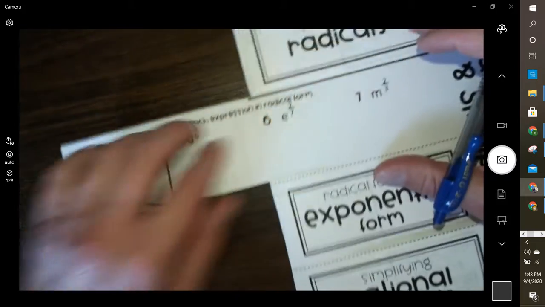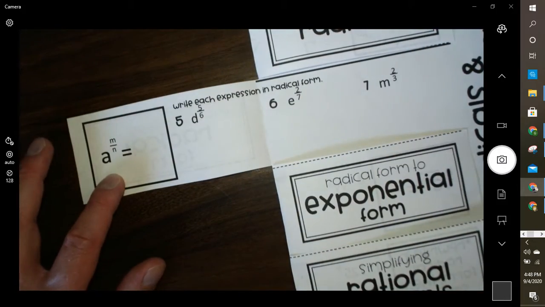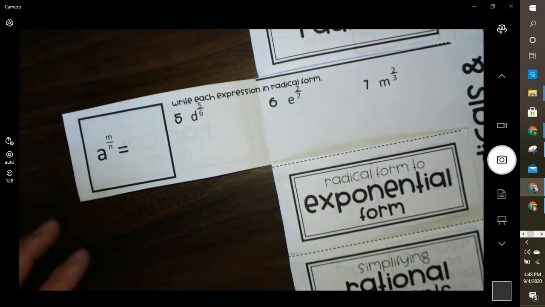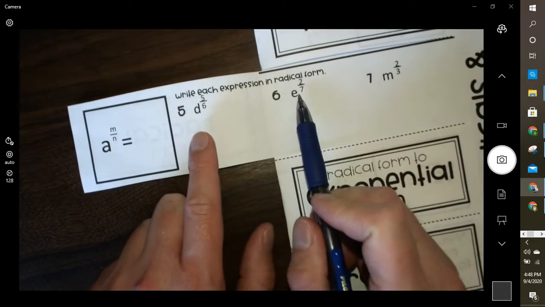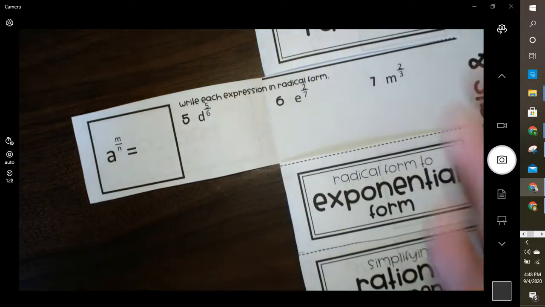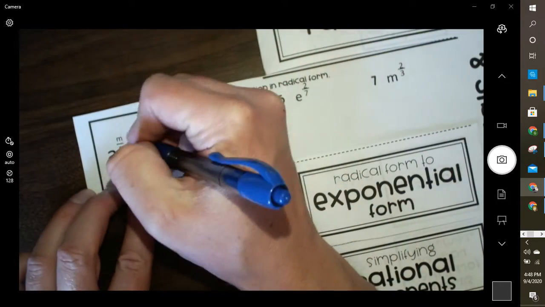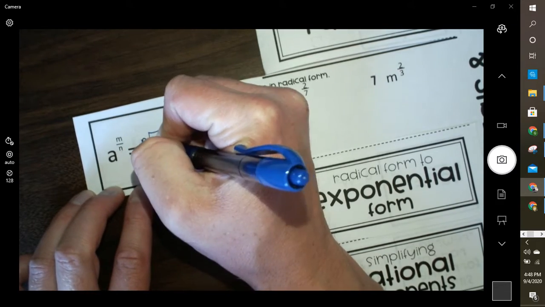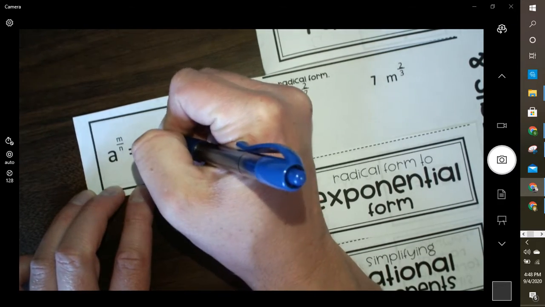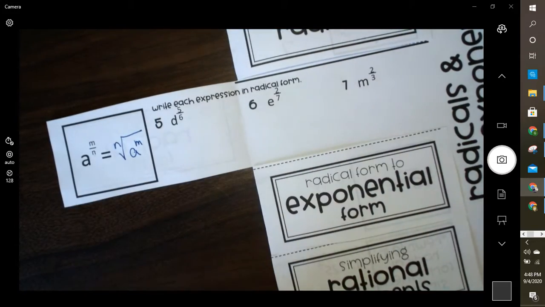Let's open up this one and write down our kind of cheat sheet or solution of how this is going to go. Usually we are going to see numbers here, so we'll get to that in our examples. The n is going to go into the index, and the m is going to stay an exponent.